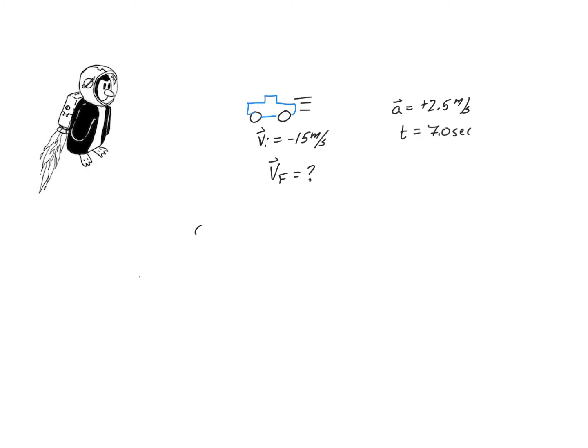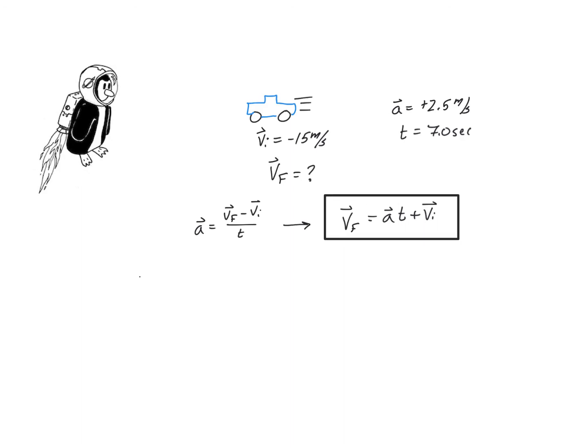Well, here we have our acceleration equation that I need to rewrite in order to find Vf. If I solve this for the final velocity, Vf is equal to the acceleration times time plus whatever my initial velocity was. This is such an important kinematic equation, it is worth remembering.